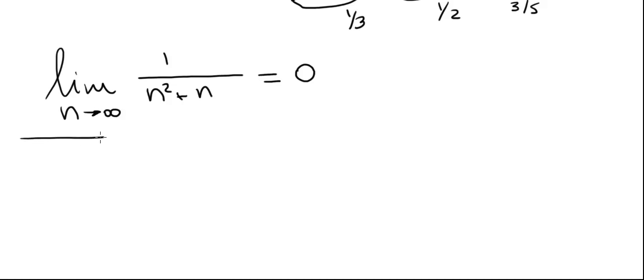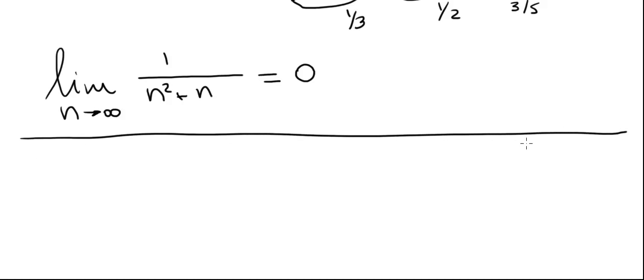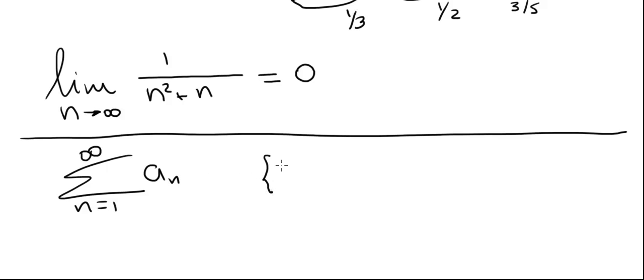Okay, so now what we're going to do is get back to the definition of what an infinite series is. So suppose we have a series from 1 to infinity of a sub n. We're going to form a new sequence. We're going to call that sequence S sub N. I'll use capital N for the index instead of the small n.